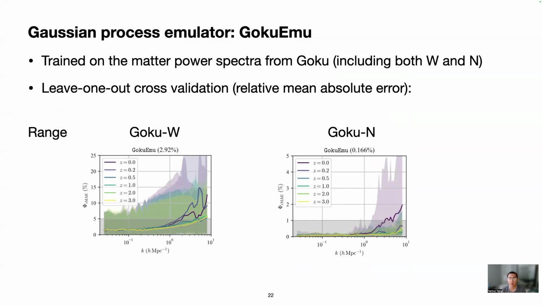Based on the Goku simulations, we have trained the matter power spectrum emulator GokuNEmu. It has 3% accuracy in the GokuW space and about 0.2% accuracy in the narrow range.